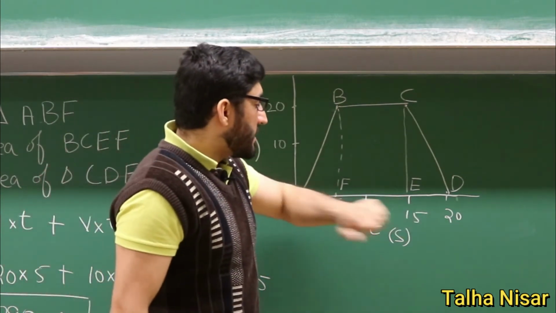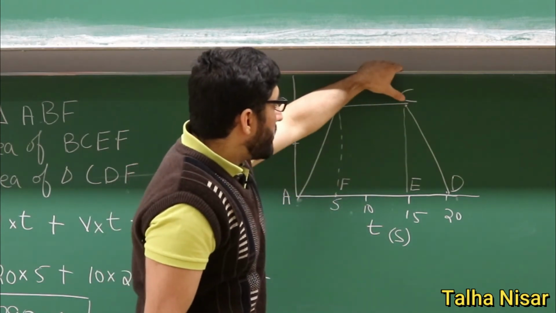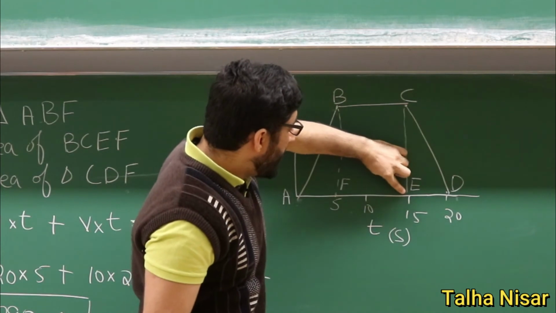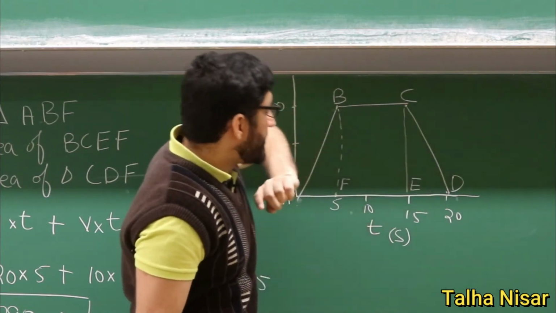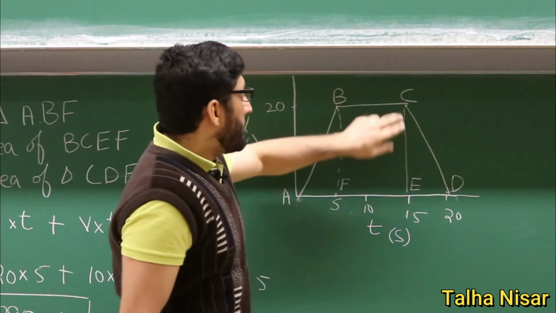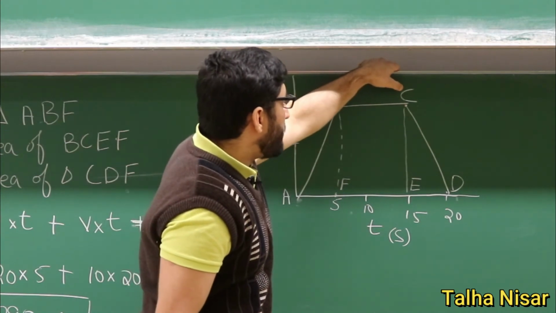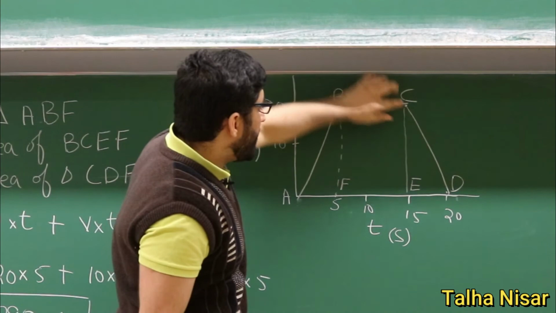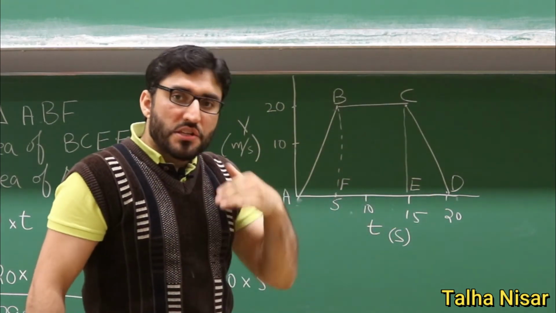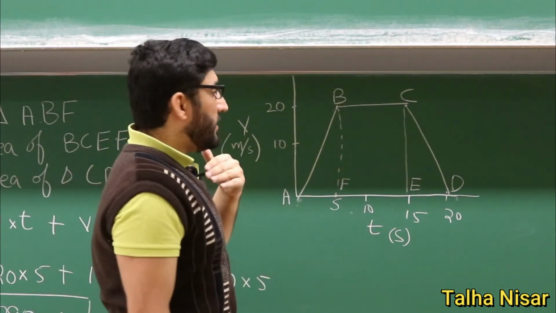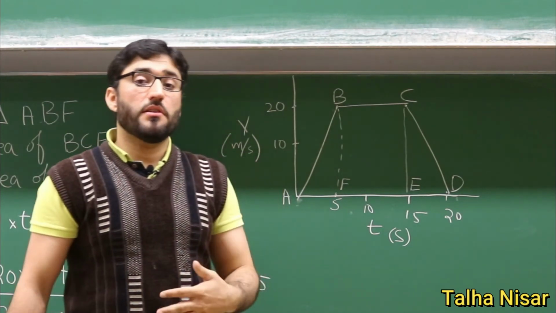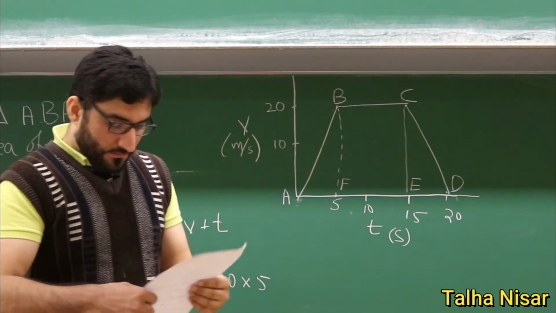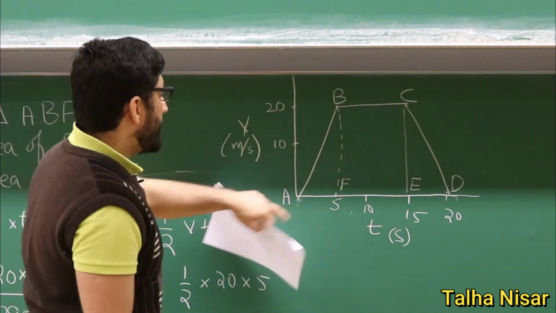For the final 5 seconds, between 15 seconds and 20 seconds, between points C and D, the velocity decreases from 20 to 0. This means the acceleration is negative, and this decreasing velocity is also known as deceleration.